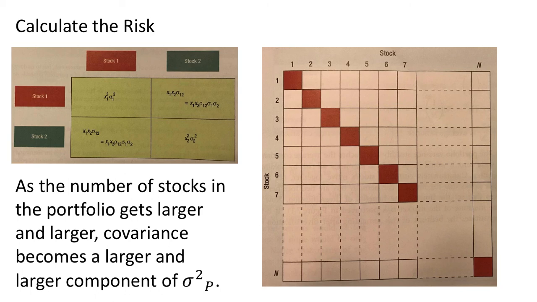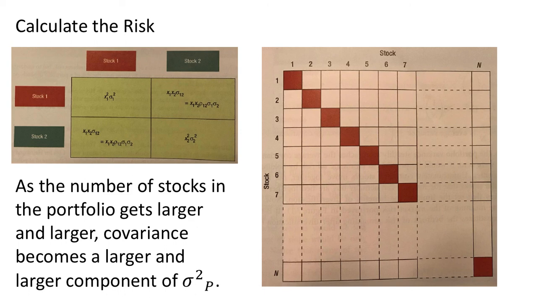Do you remember how we're going to get portfolio variance? We're going to add up the sum of all the elements in all of the boxes, both white and red. So you can see covariance numbers are becoming a much higher percentage of the numbers we're adding together. Variance becoming a lot smaller.